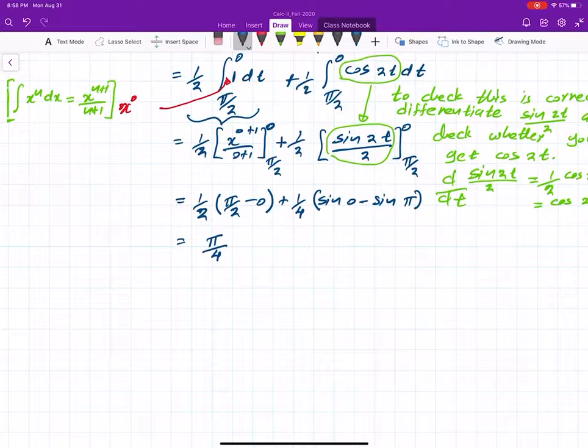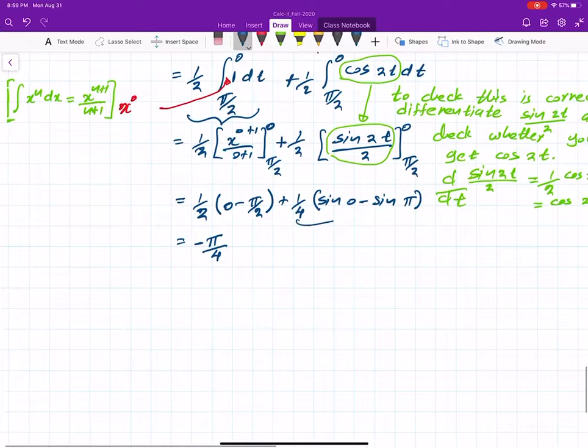Actually, I made a small mistake here. I have to switch these two values. It should be 0 minus pi over 2, because upper limit is 0, lower limit is pi over 2. Then here you will get minus pi over 4.